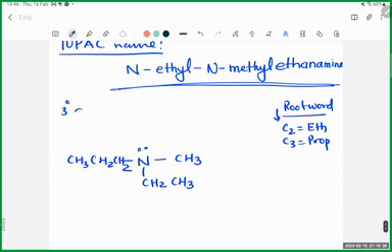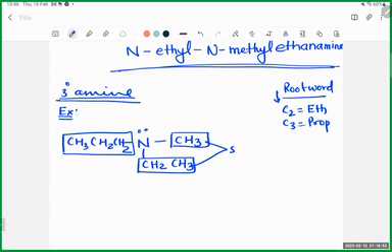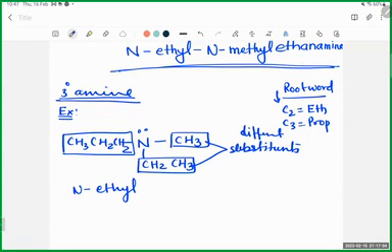This is a 3-degree amine because there is no hydrogen with the nitrogen. N-ethyl, very good, and methyl propanamine. Very nice. N-ethyl, N-methyl propanamine.